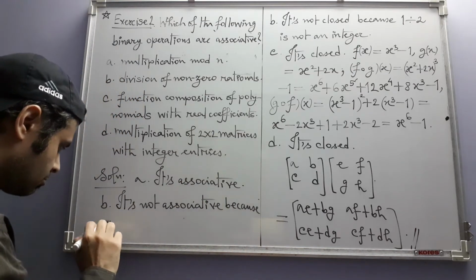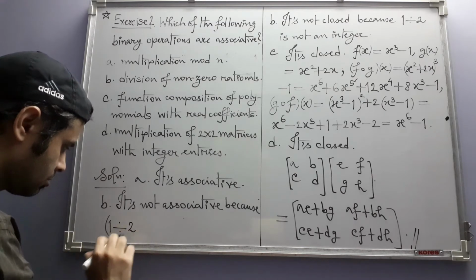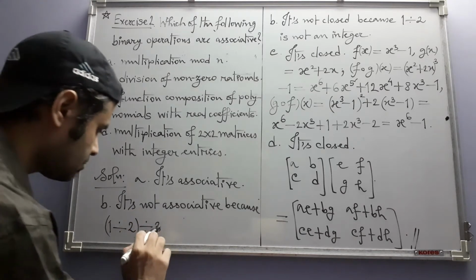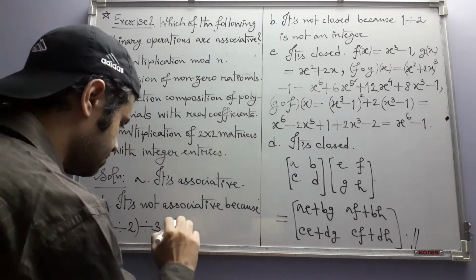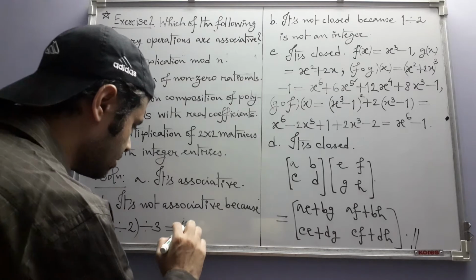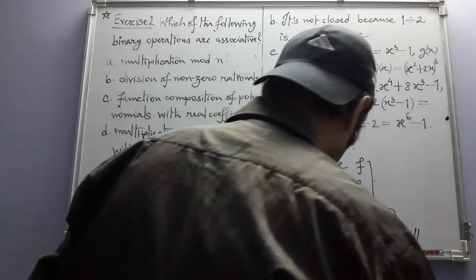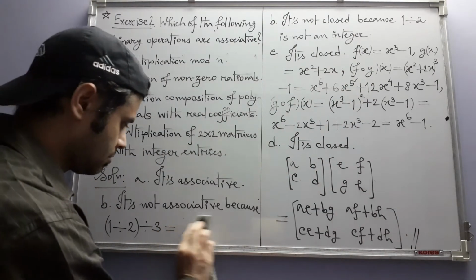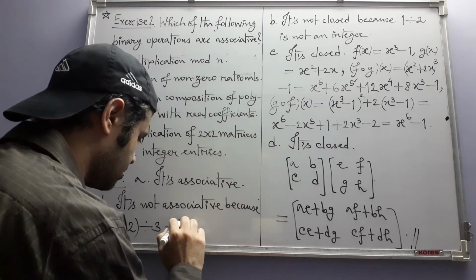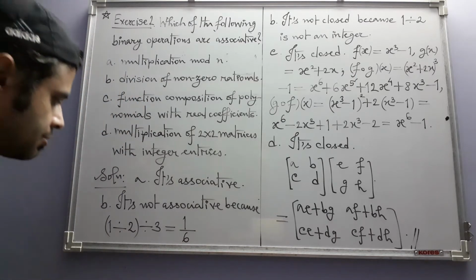Because if you consider this, say, okay, then that means what? If you are using the rules of division, the laws of division, then this becomes, or you can use the other form of writing these fractions. This is equal to 1 divided by 6.